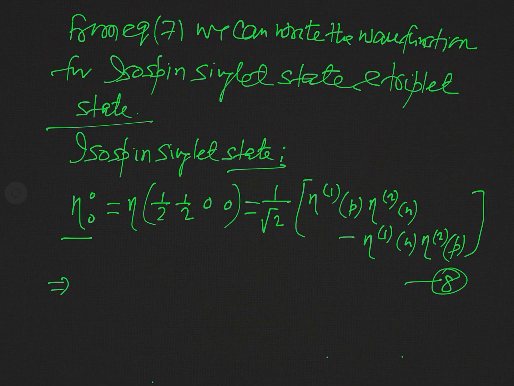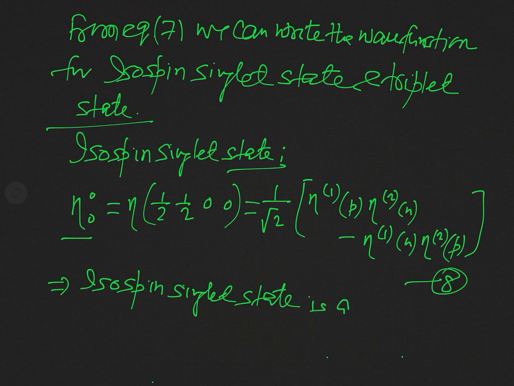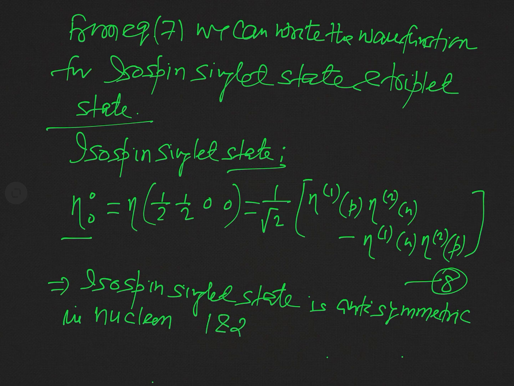So this result implies that the isospin singlet state is antisymmetric in nucleon 1 and 2.